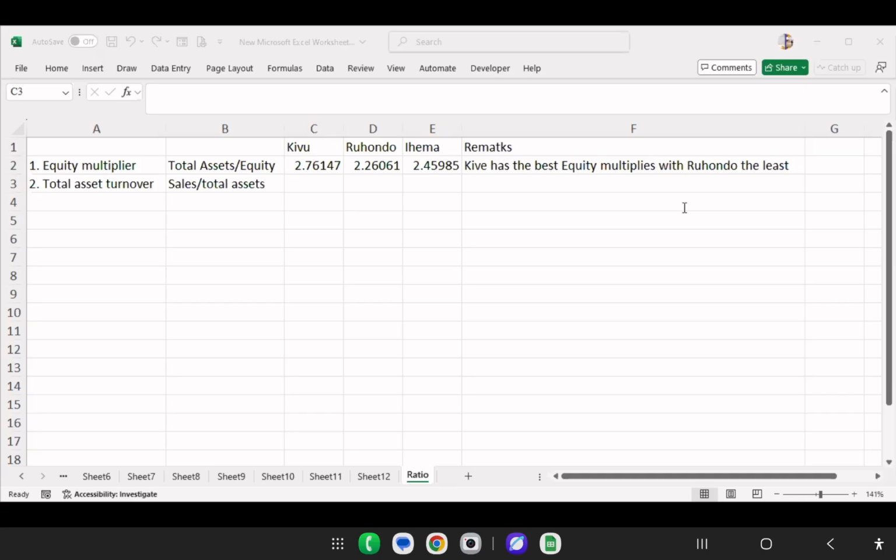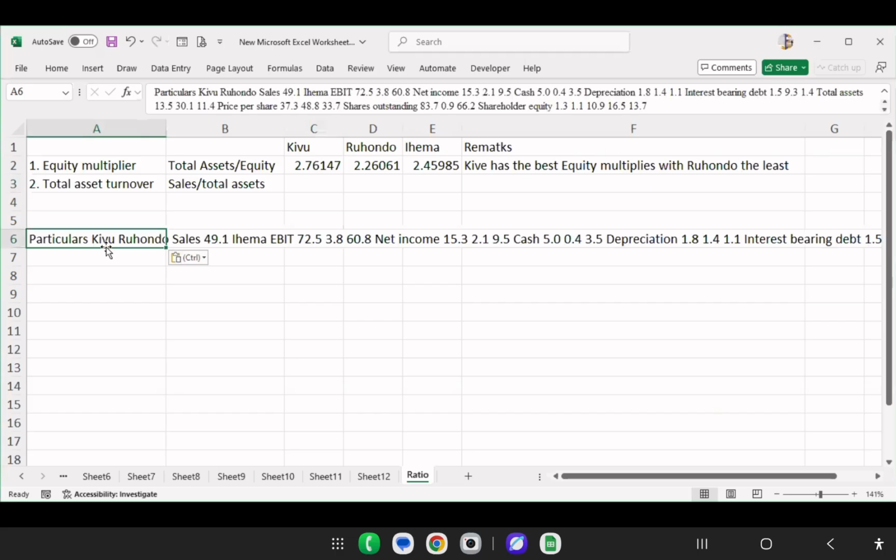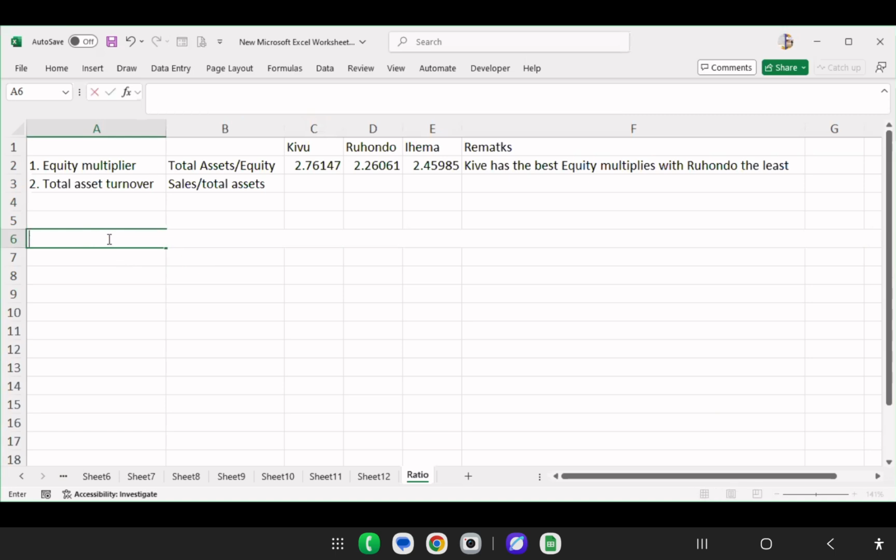Let me try and see whether if I copy this table, it will reflect well here. Oh, it is not reflecting as a table. So I'll have to copy.